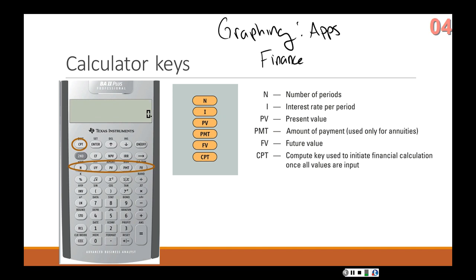That's going to bring up another menu and you push TVM Solver. And then you should see these exact same variables. You'll see N, I/Y, PV, payment, and future value. At the bottom, you'll also see C/Y and P/Y, compounding periods per year and periods per year. In this course, we always leave those at 1.